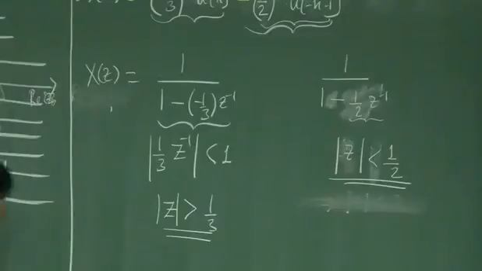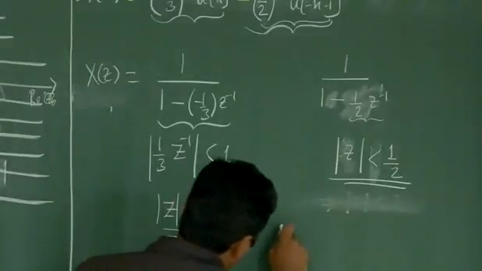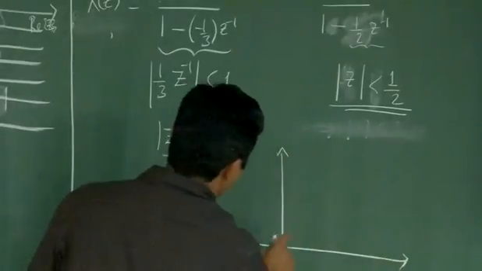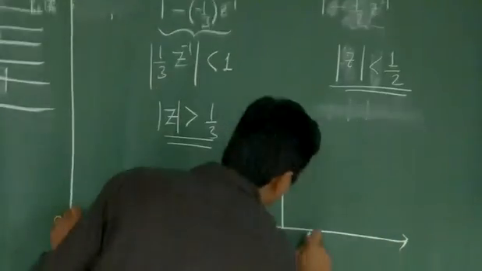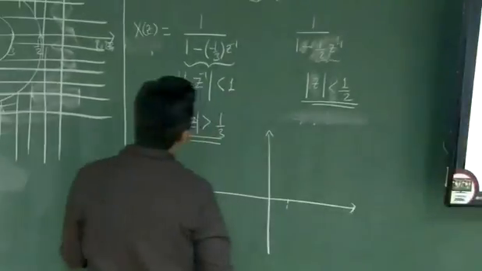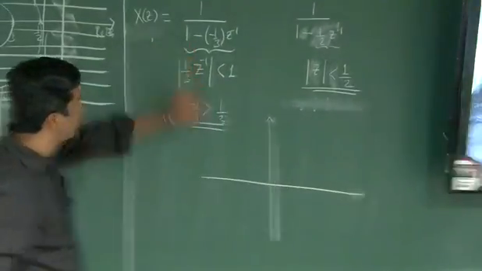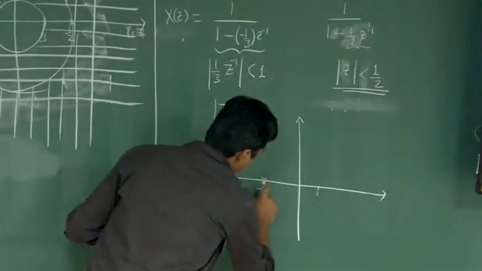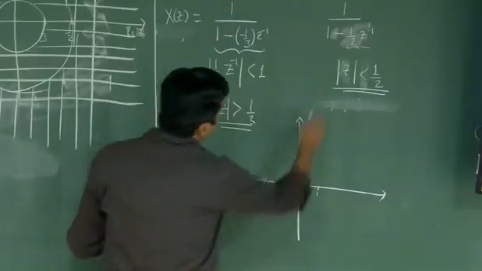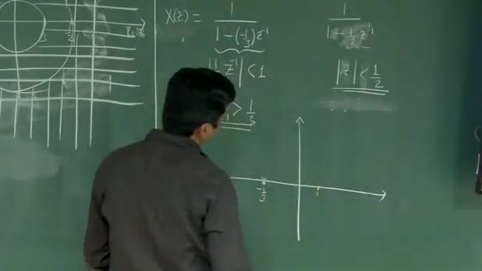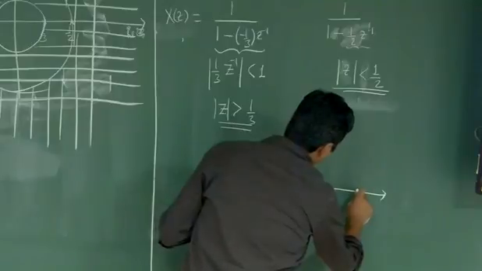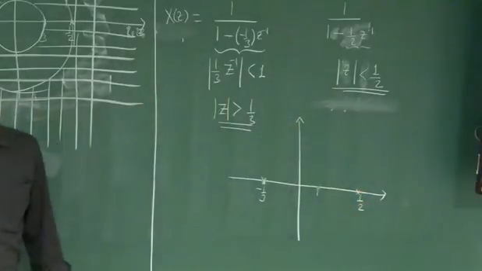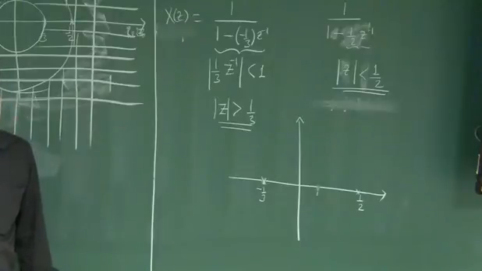Okay. So now if we draw out the ROC for this thing, how is it going to look like? So this is 1/3. So at what point do we have a pole here? Minus 1/3, right? And where do we have a pole in this case? At 1/2, right? Plus 1/2. Just so we are all on the same page, what is a pole?